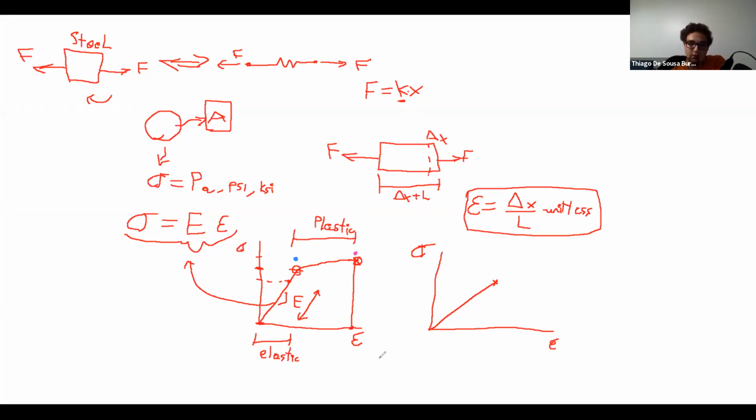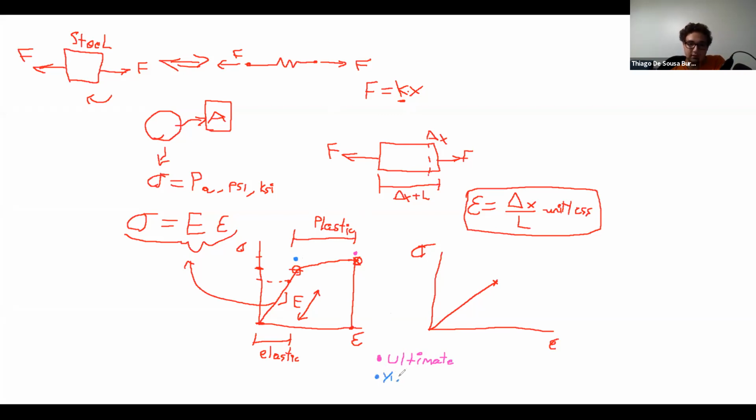The point at which it fails is usually called the ultimate strength. So like the name implies, the last pressure that you can apply to a material. Whereas the blue, or the first one, is called the yield.